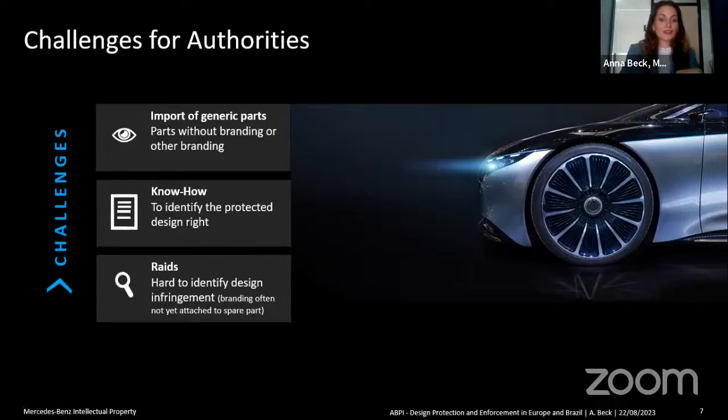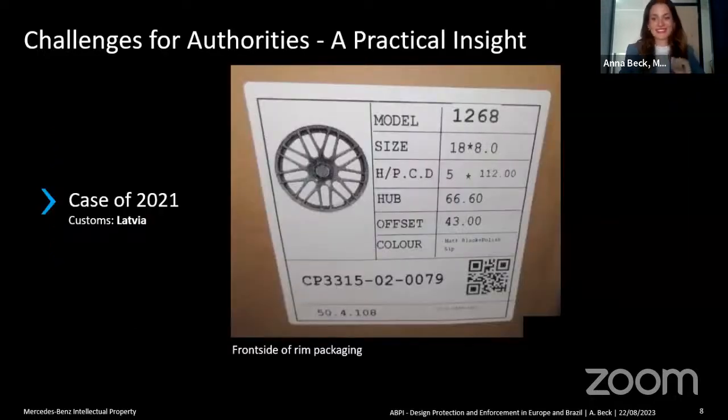And to give you a practical insight in these challenges, I've prepared at the end of my presentation a small case. This is a case from 2021 in Latvia. It's one of the countries in Eastern Europe.